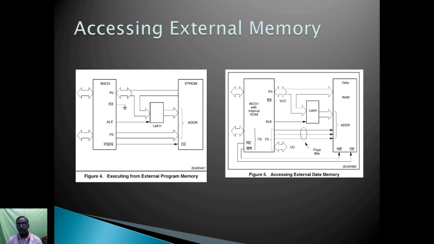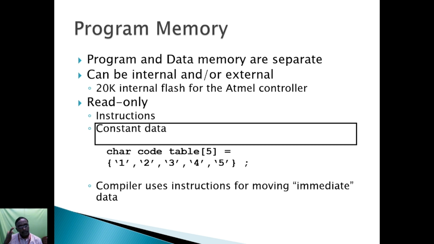So here write and read are accessed. Another one is the latch, which is given with port 0. Port 0 is given to the data memory and the address latch. Program memory and data memory are separate, and can be external or internal.